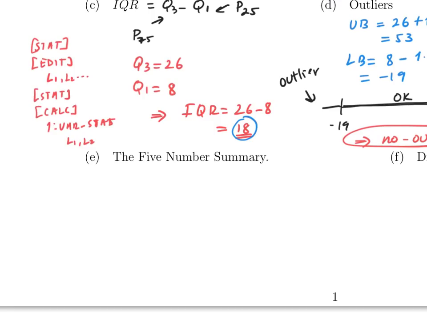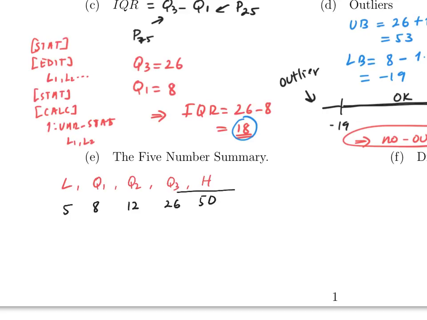The five-number summary, remember, is the lowest number, Q1, which is P25, Q2, which is P50, Q3, which is P75, and the highest. In our list, the lowest number is 5, Q1 is 8, Q2 is 12, Q3 is 26, and the highest is 50.